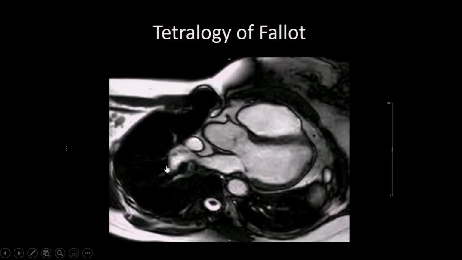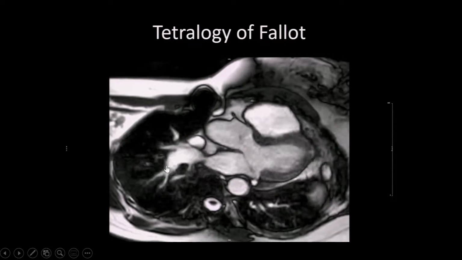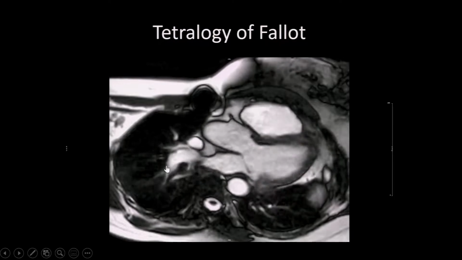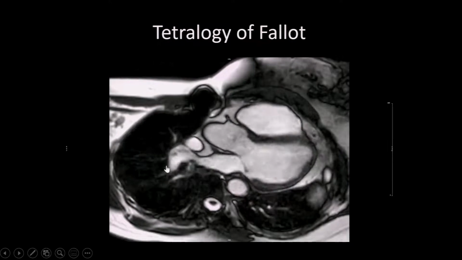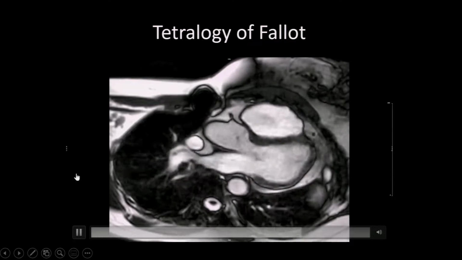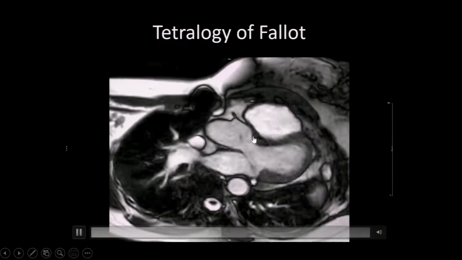All patients with tetralogy flow that can get a cardiac MRI should get one, because it's the gold standard to assess the right ventricular size. So we usually alternate echocardiograms with cardiac MRIs depending on what's going on. And you can see here very quickly, this is in a 3-chamber or LVOT view.